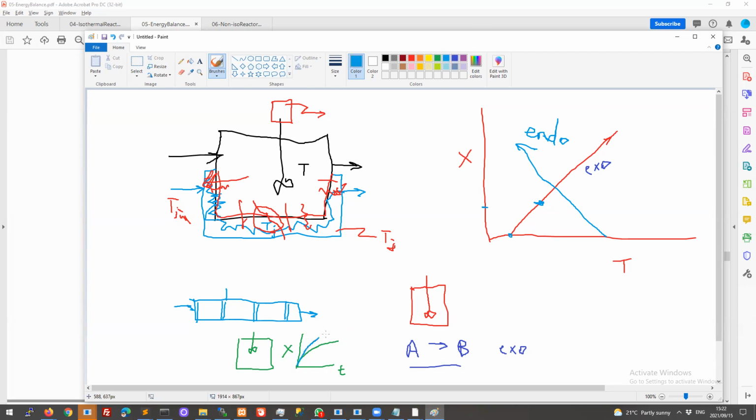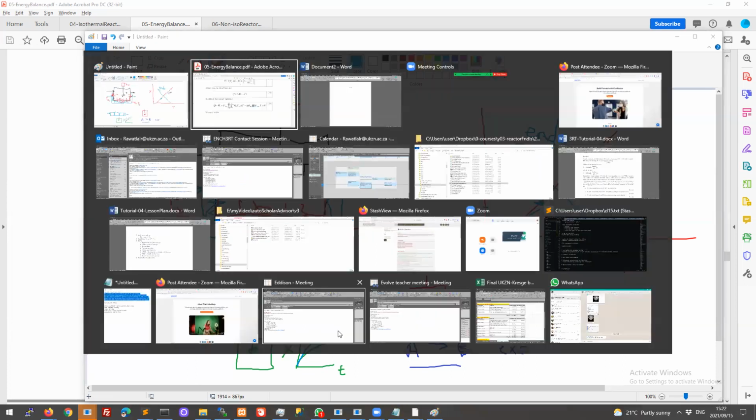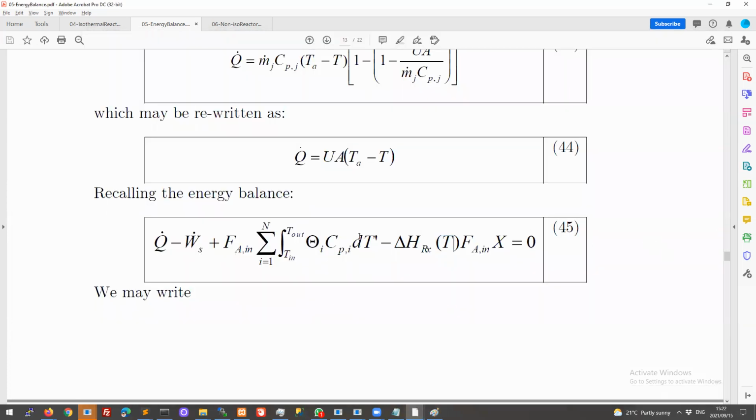In this case there isn't a steady state, but we can identify different points on this line, and we can estimate what the corresponding temperature and energy will be. In this unsteady state case, we do have to revisit the balance. I think the balance we were looking at there was for the steady state, so if you go back and look in the notes, you'll see we got this from steady state.